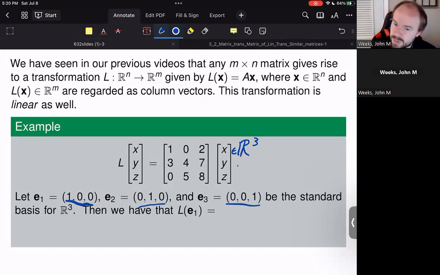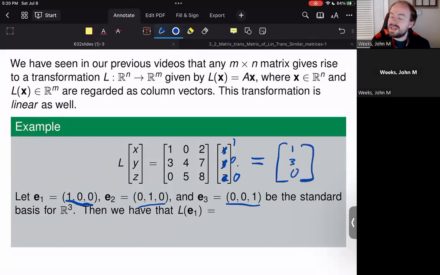What do you think is going to happen when we plug in L of E1? Well, we could go through and take a look at that. We plug in x is 1, y is 0, z is 0, do our matrix multiplication, and figure out that the vector we get is 1, 3, and 0. The reason is that when you do your matrix multiplication on any given row, the only non-zero element in our input vector is the first one.